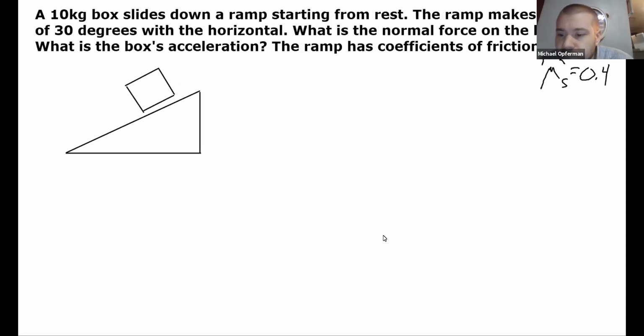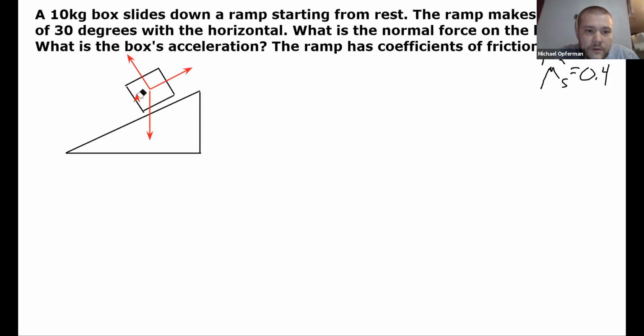Okay. Step 1, draw the free body diagram. So a lot of this is going to be similar to the other ramp problem I solved. So I'll go through it a little bit quickly, but we'll have gravitational force going straight down. We'll have normal force perpendicular to the ramp, and we'll have friction force parallel to the ramp, holding it back that way.